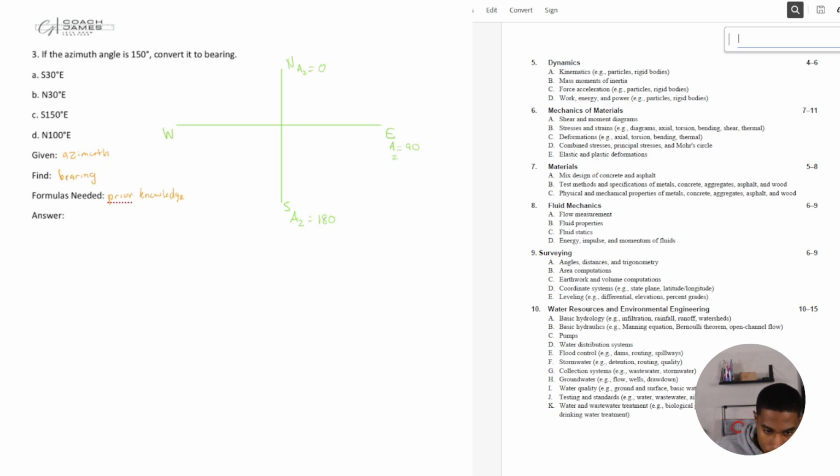So I could eliminate north, so I could eliminate B. I'm going to eliminate answers that I can. So it can't be B, can't be D. And I also know that it is going to be at 150.